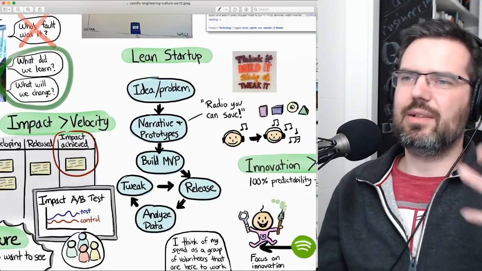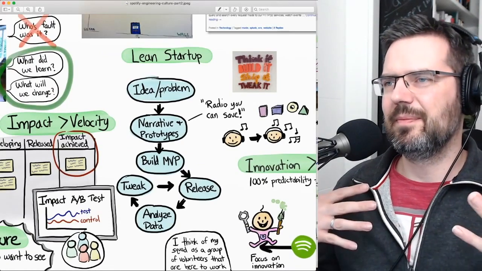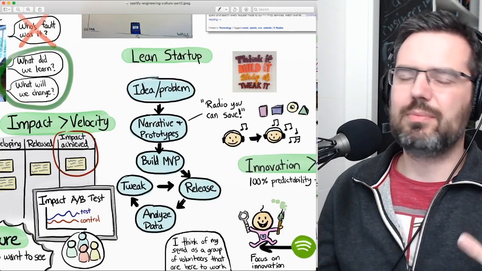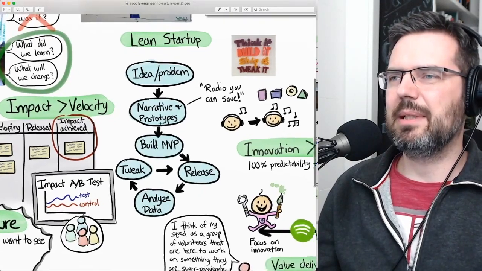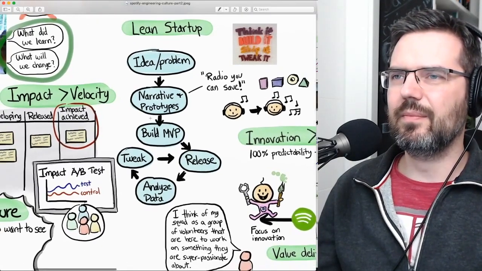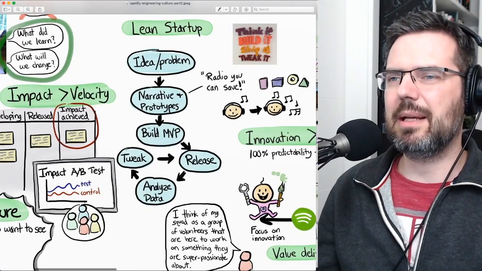Lean startup: you have an idea or a problem. This would be for a new project or for a new feature, and then you prototype it. There are different prototypes. Then you build the minimum viable product.